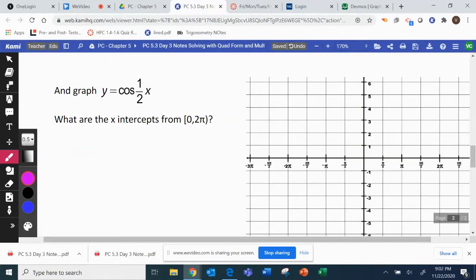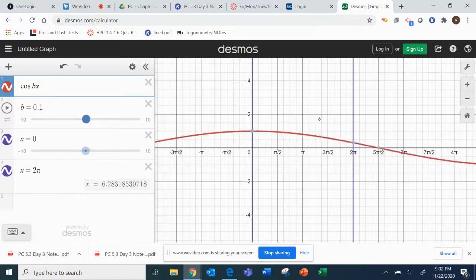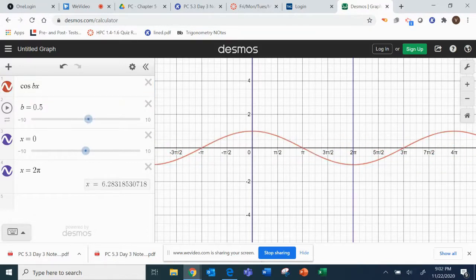Oh, we didn't do this one yet. Let's graph cosine 1/2. Let's change that to 1/2. And then between 0 and 2 pi, there's only half a cycle, and that one x-intercept is now at pi.